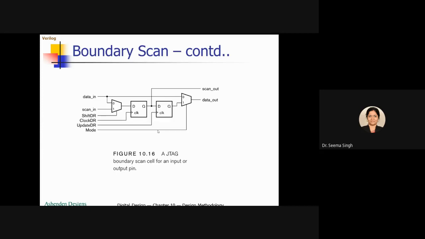So the EDA tool is available for the insertion of the test logic into the design during the various stages of the design flow. This JTAG standard is also extended to support in-circuit programming of ROMs and CPLDs, including FPGAs.